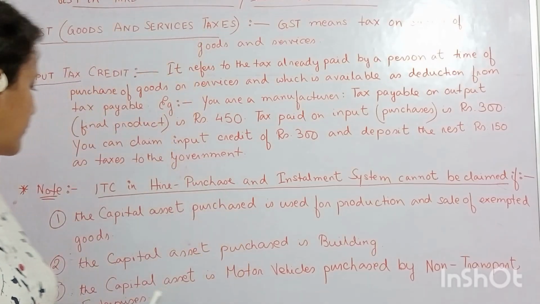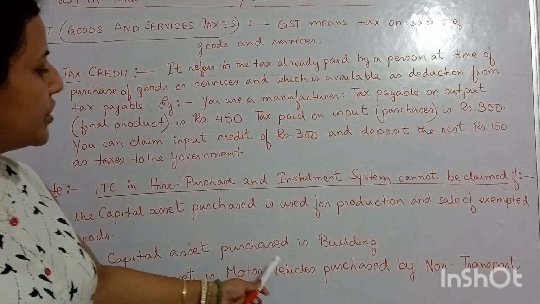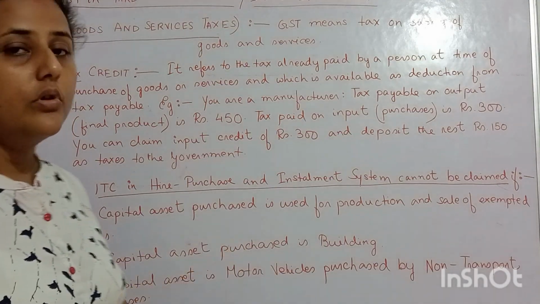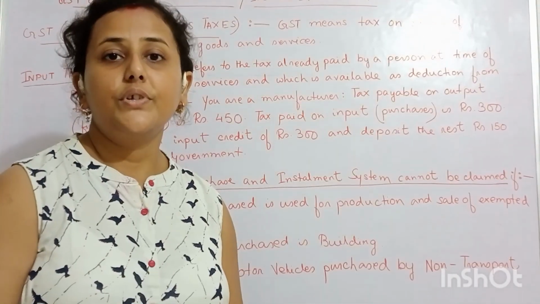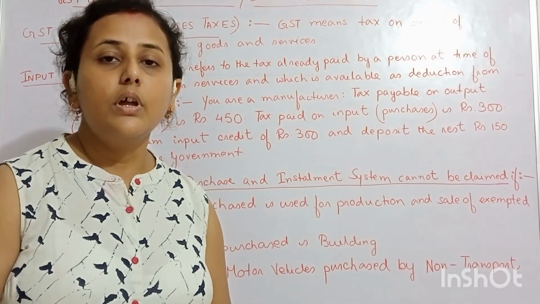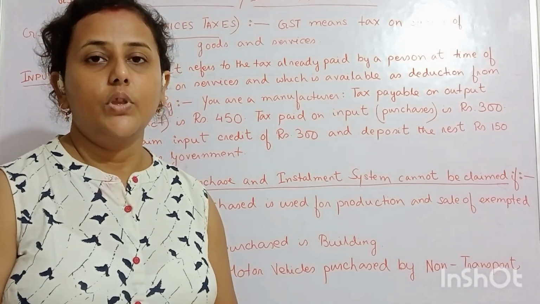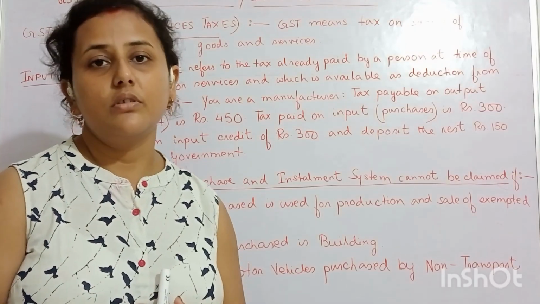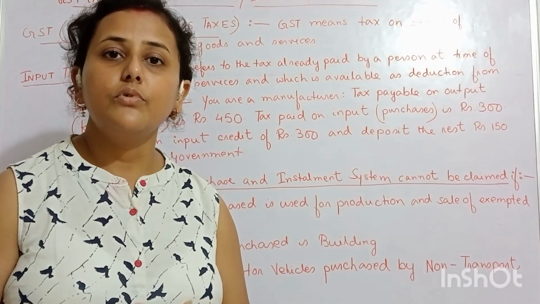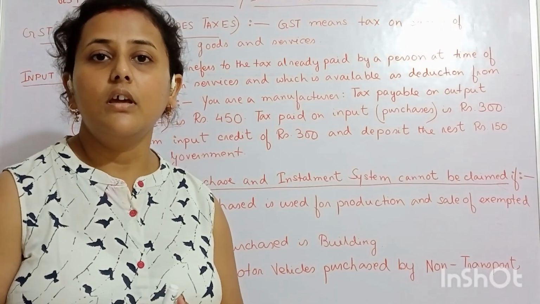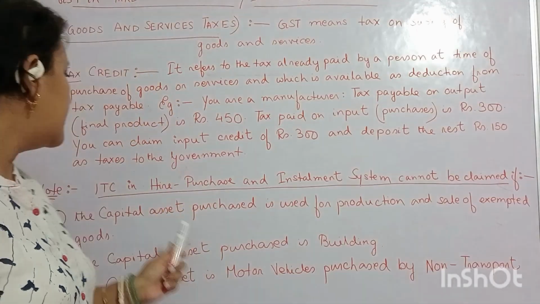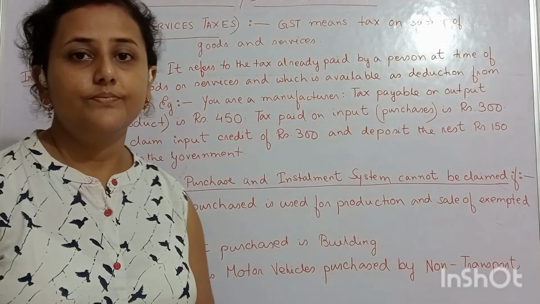Point number 2: the capital asset purchased is a building. Once the building is purchased, it is not sold out. It remains with the purchaser. So no sale, no collection of GST, and no question of ITC.